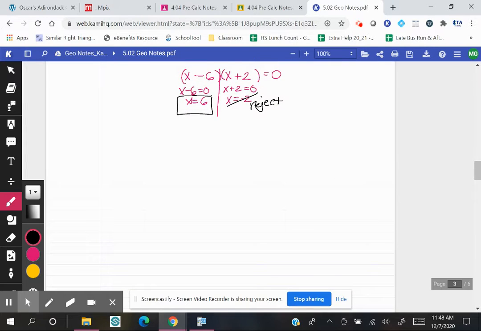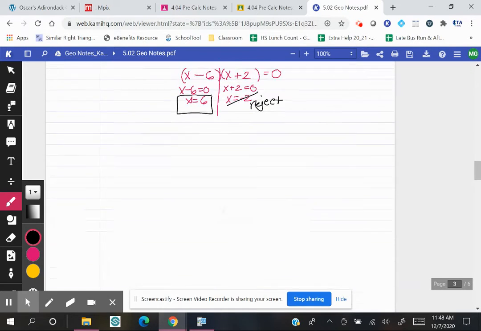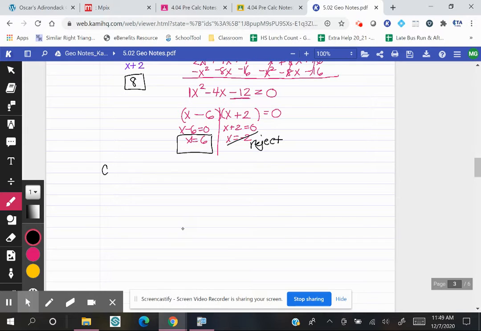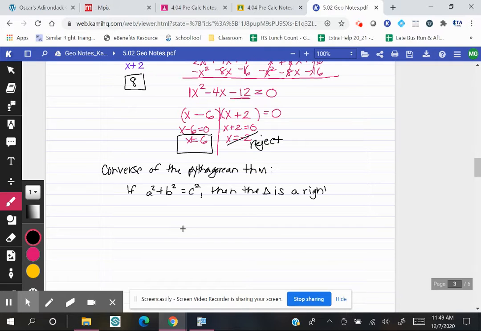All right, next up, we're going to take the Pythagorean theorem and do the converse of that. So the converse of the Pythagorean theorem: if a squared plus b squared equals c squared, then the triangle is a right triangle.